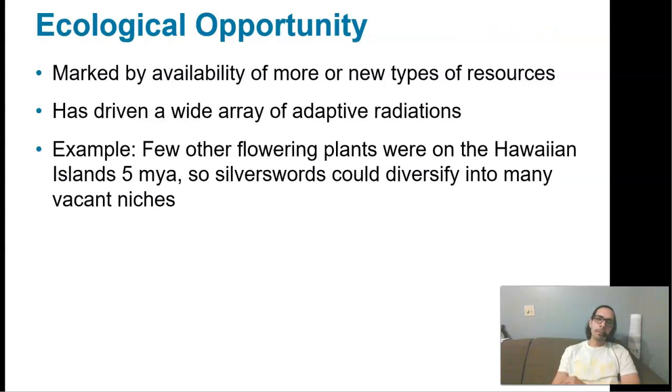Ecological opportunity is the availability of more or new types of resources. This has driven a wide array of adaptive radiations. For example, few other flowering plants were on the Hawaiian Islands 5 million years ago, so the silver swords were able to diversify into many vacant niches.